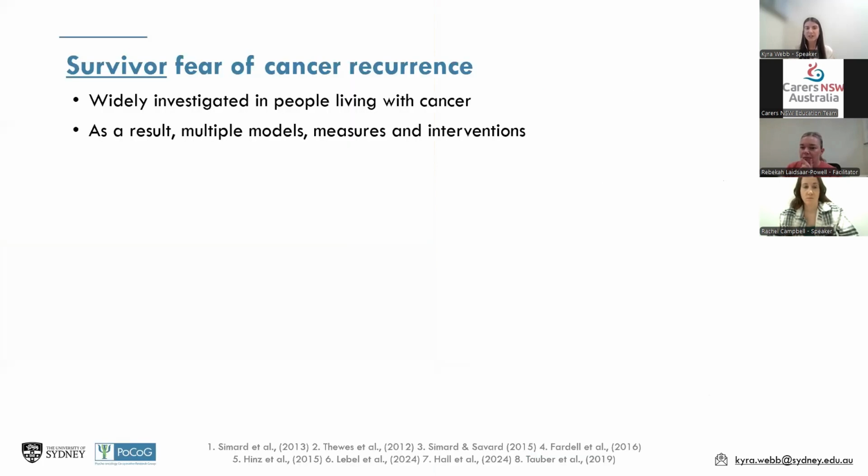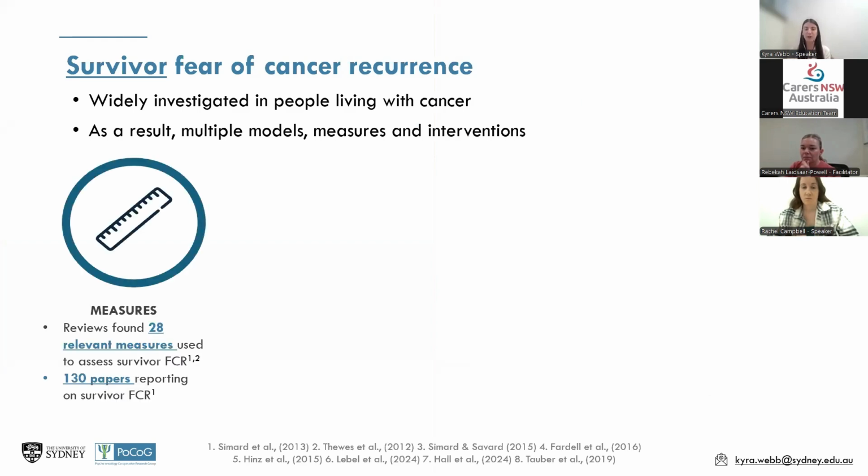I just wanted to give a little overview of the survivor fear of recurrence literature, which has largely informed what we know about carer fear of recurrence to date. To give you a little bit of context about how much has been done in people living with and beyond a cancer diagnosis, we have a lot of measures which have been tested for validity and reliability in people living with cancer.